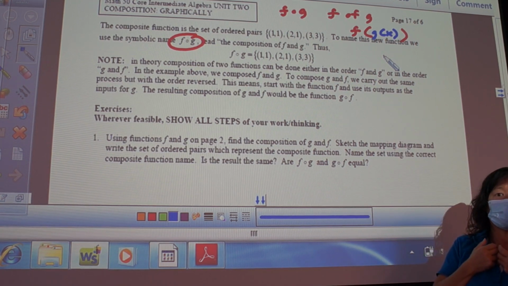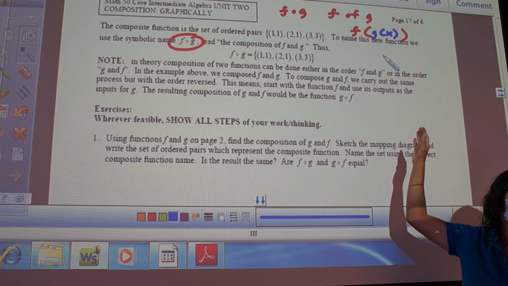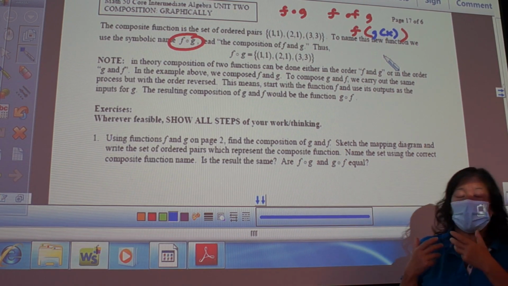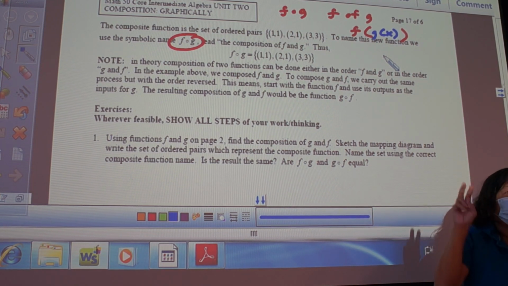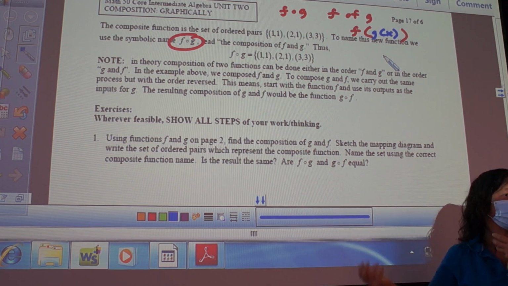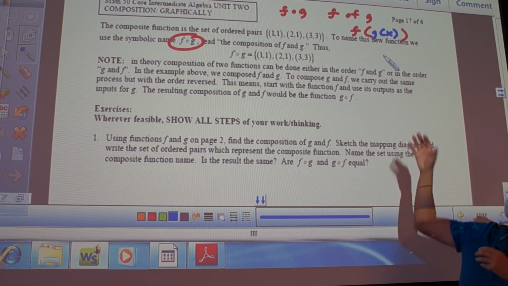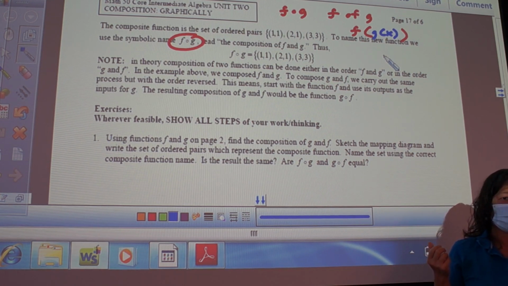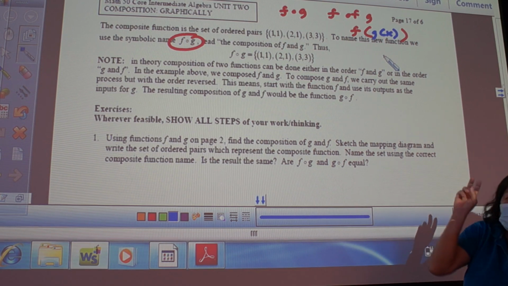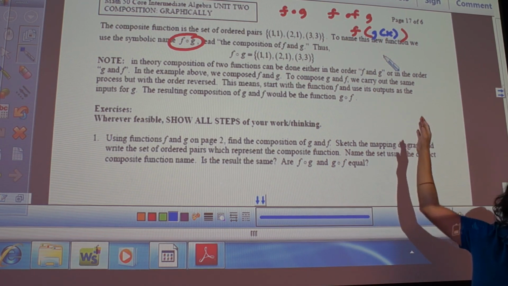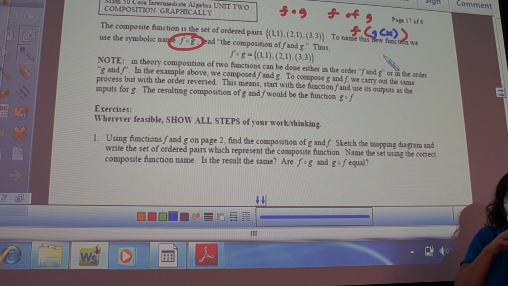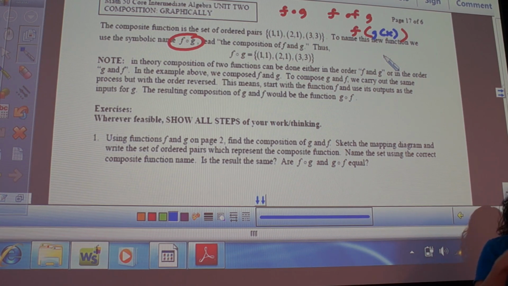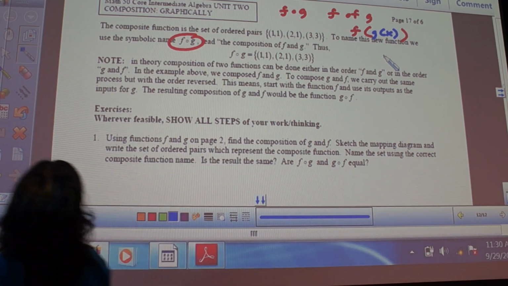Are you guys kind of following me? G of x is my y, but that y is my input, kind of my x for f. It gets input into f, and then I get my final y. So kind of my first y, my in-between y, is g of x, which becomes my new x for f. So f eats that one and gives me my finalized y at the end.